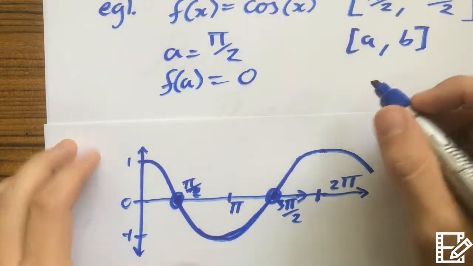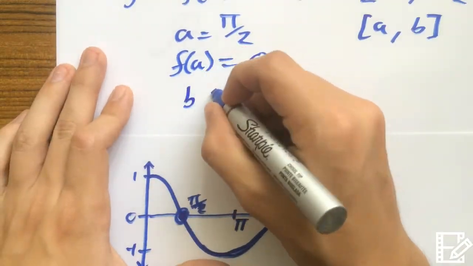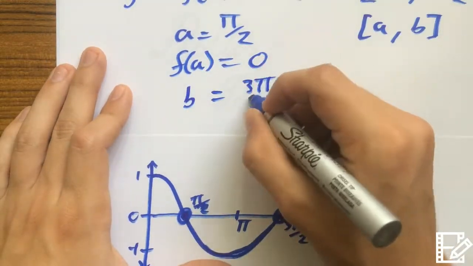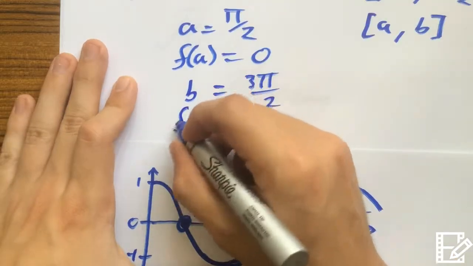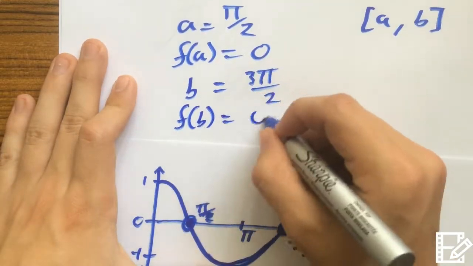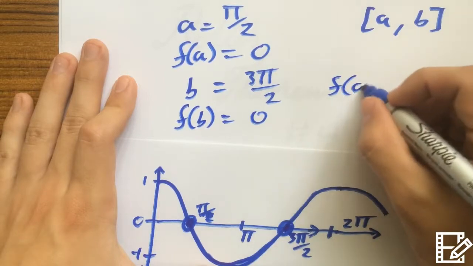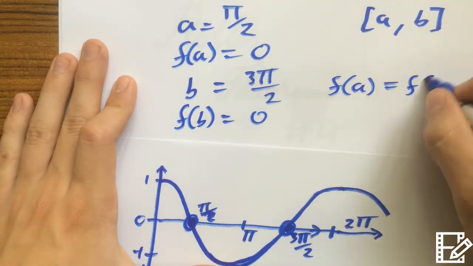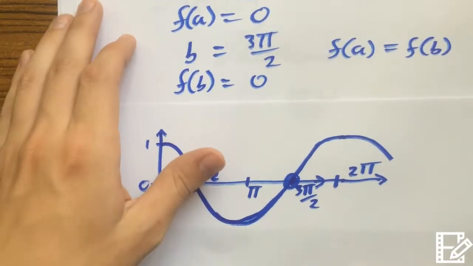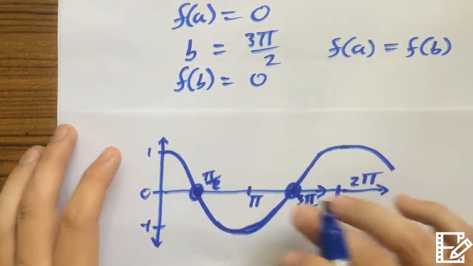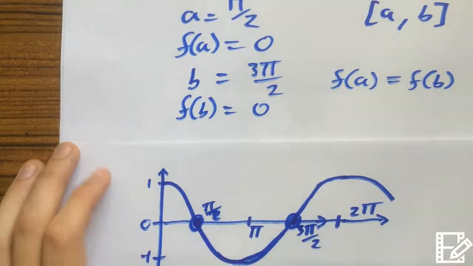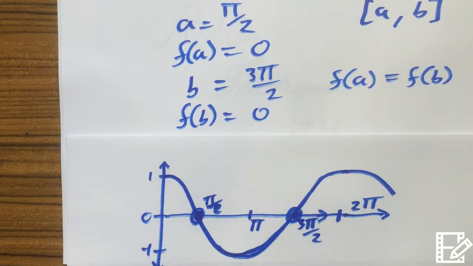And same for B equals 3 pi on 2: f of B will equal 0. So f of A does equal f of B. If you're familiar with trigonometric functions, you should really know that anyway. But if you're not, I guess you learnt something.